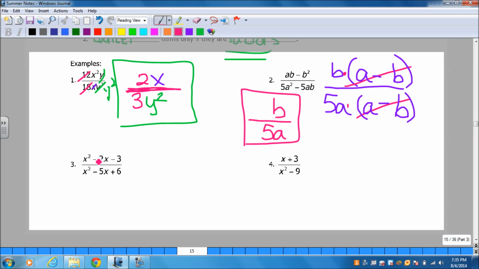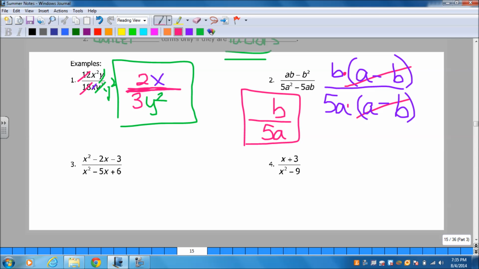It's not, because it's not even a binomial, and negative 2x is not a perfect square, and negative 3 is not a perfect square. Lastly, the third question I'm going to ask myself is, can I factor it either by trial and error or by grouping? Is it a product of 2 binomials, basically?